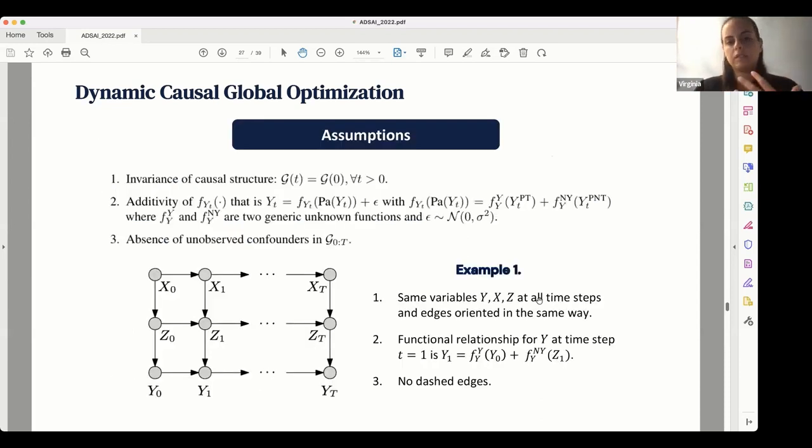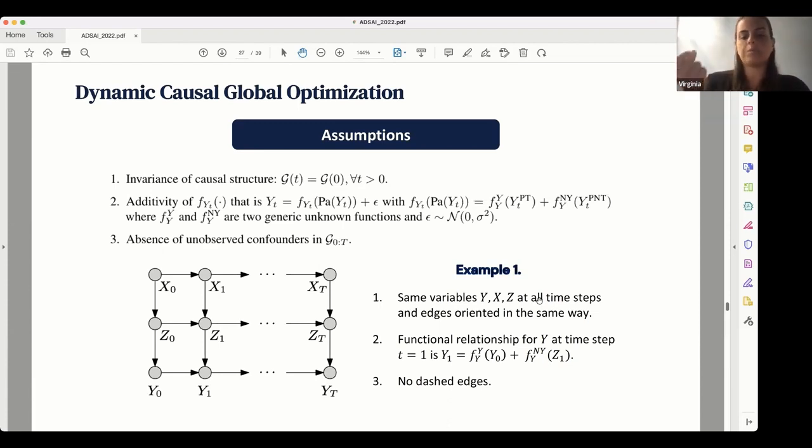Notice that if we look at these assumptions in the causal graph that we've seen so far, we assume invariance of causal structure, but that means that the orientation of the edges at every time step is the same. However, the time transition might be different. So we might have different parents for Z1 and Z2 because of the time causal relationship.